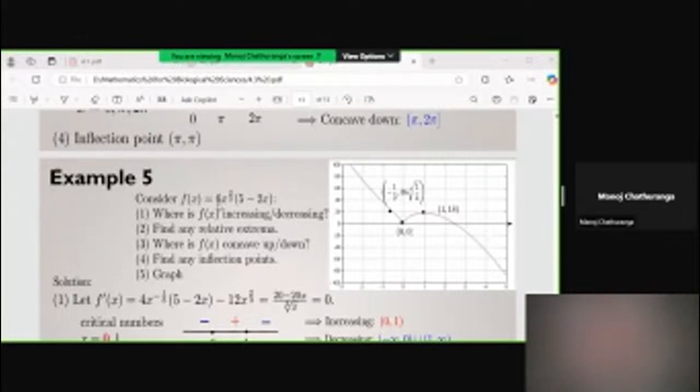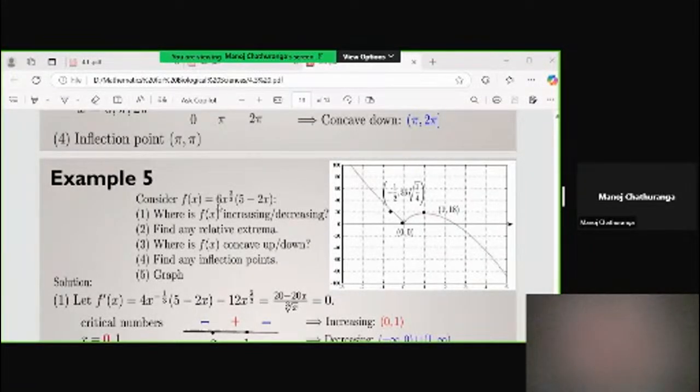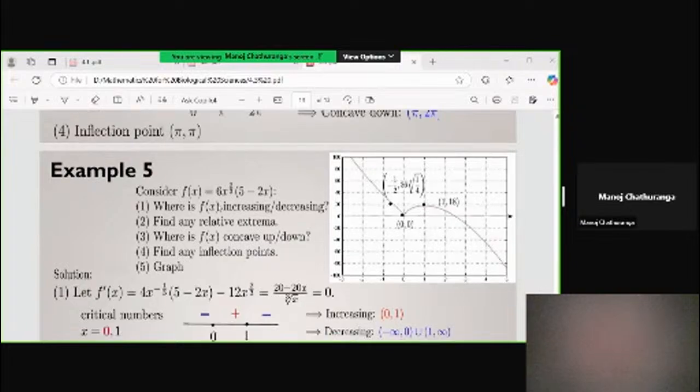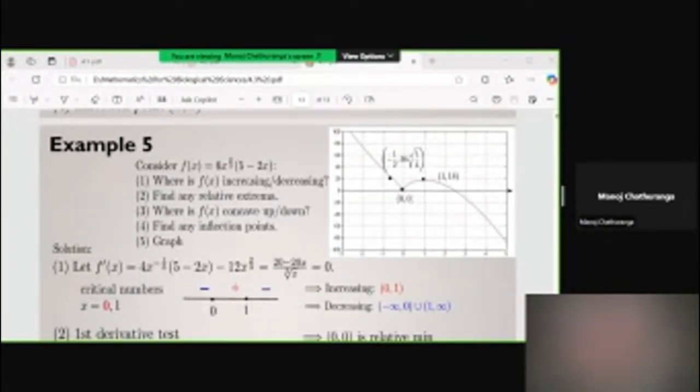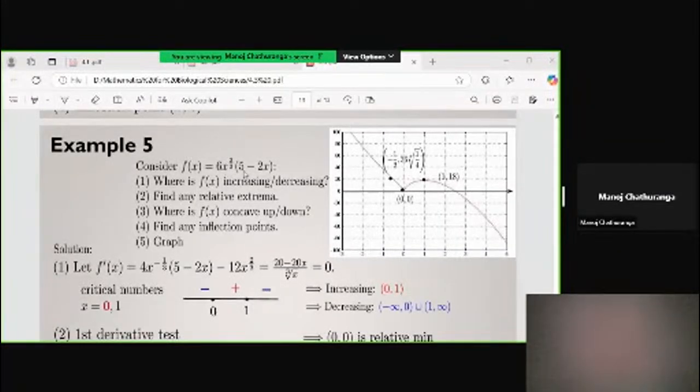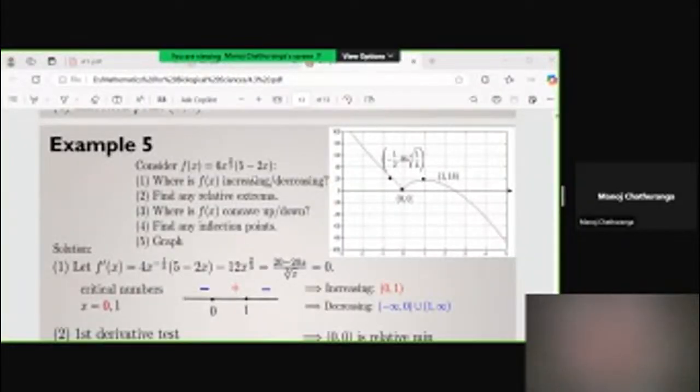Also, we find zeros of the second derivative. To differentiate this function, you need the product rule. Apply the product rule, simplify the derivative and make it equal to 0.